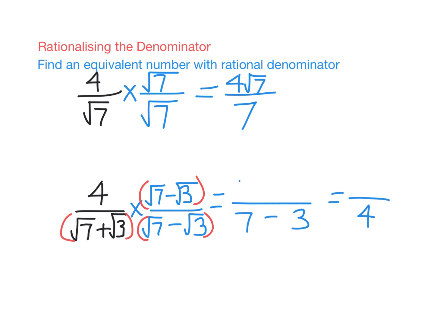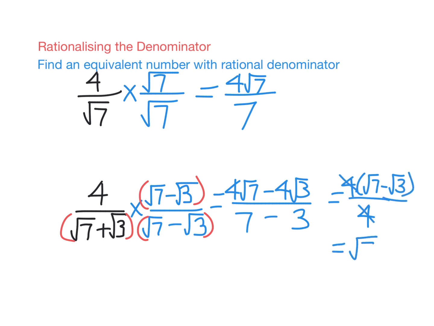So I simply get 4 times root 7, 4 times root 3. So I can factorize the top, take out a common factor of 4, and then I can divide top and bottom by 4. The simplest way to write this is root 7 minus root 3. Now this is said to have a rational denominator because I can write it over 1.